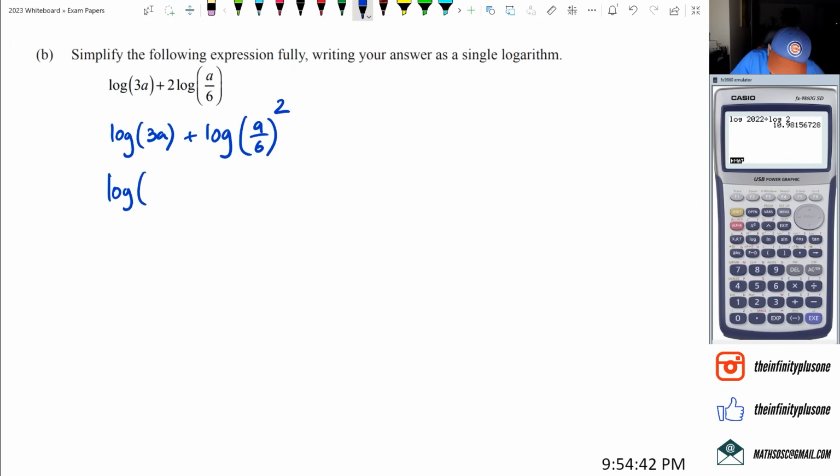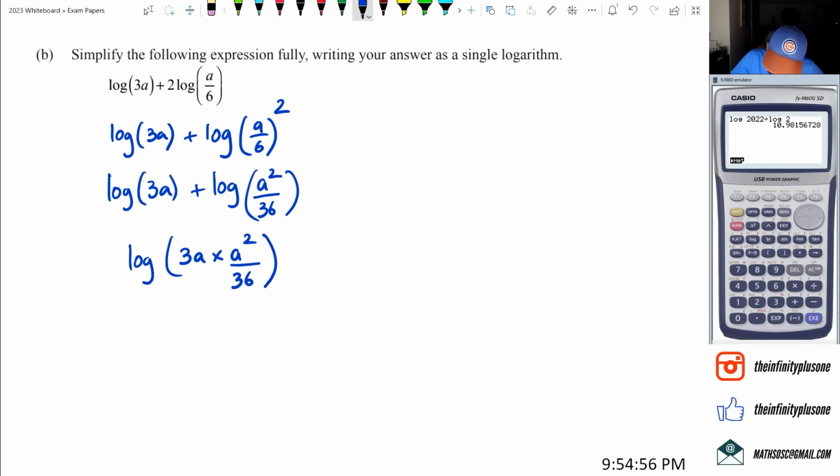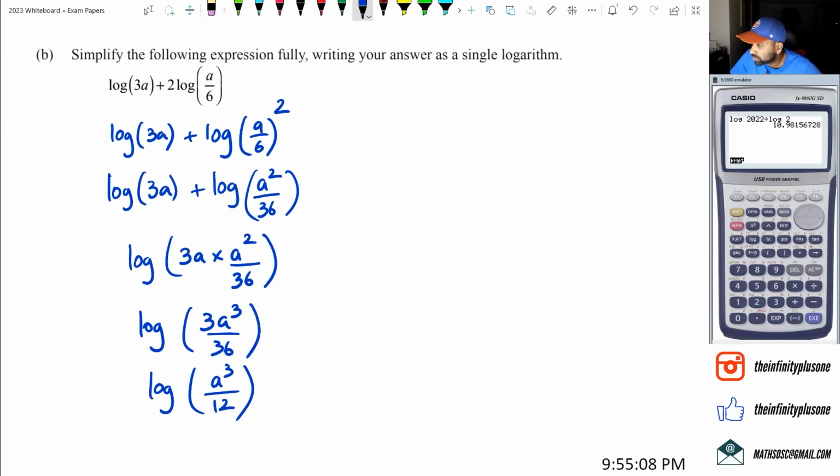So we've got log of 3a plus log of a squared over 36, and then we multiply each other. So we're going to get 3a times a squared over 36. So what you end up with is log of 3a cubed over 36, and 3 and 36, you can get rid of the 3, which means a cubed over 12.